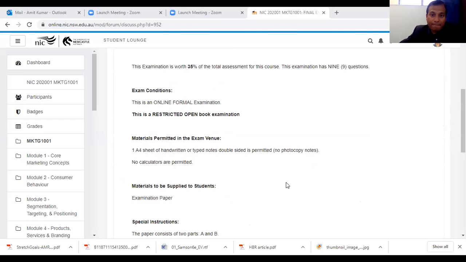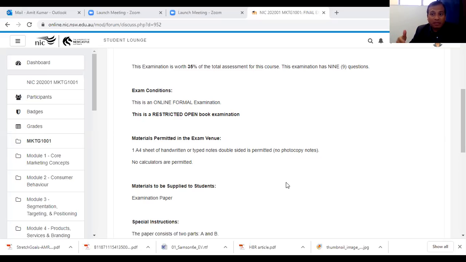So what does that exactly mean? I think it's only the memory aid. Are you asking for the hard copy version or the soft copy version? I have a hard copy version of my notes. For the hard copy, only 2 pages are allowed, back to back. Okay. So I will suggest what you can do.